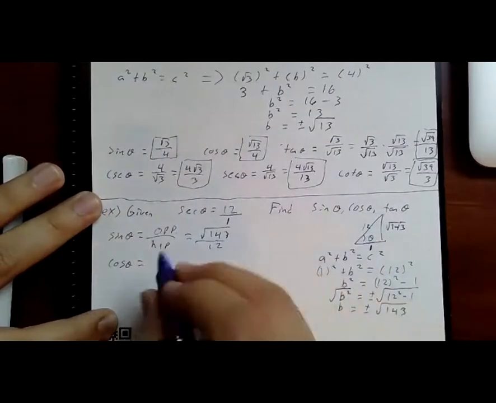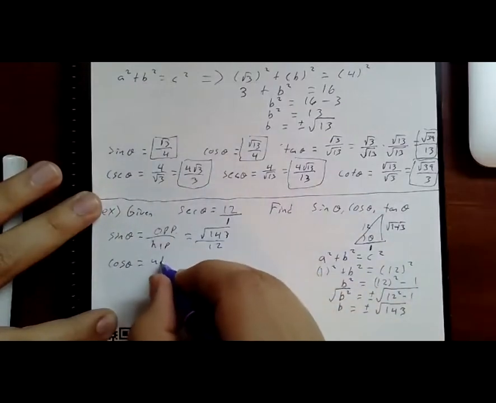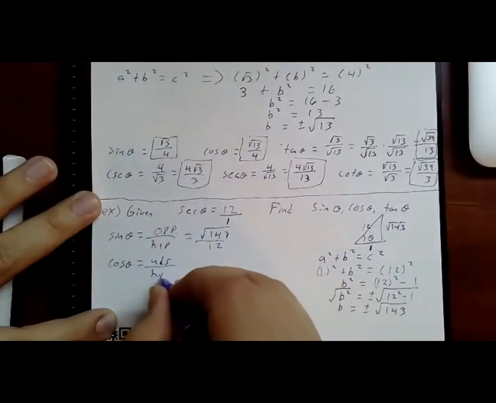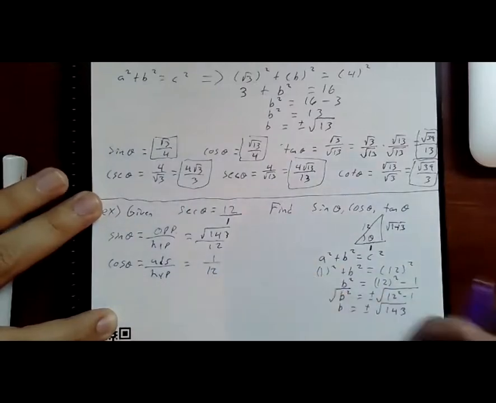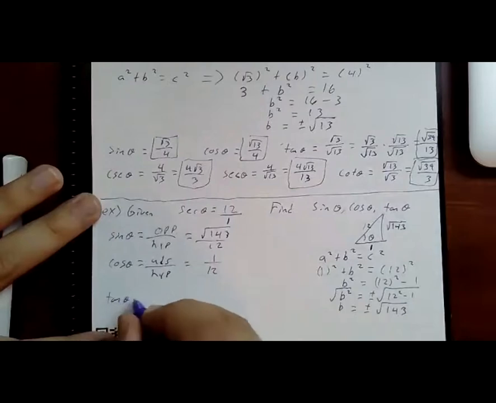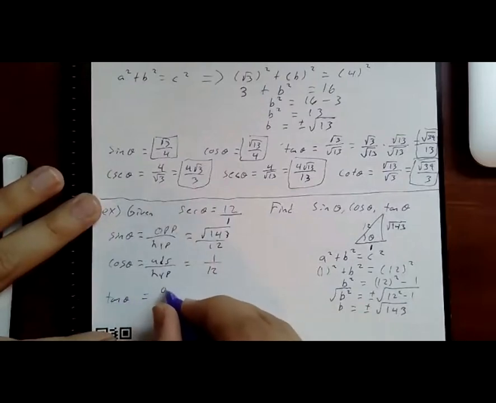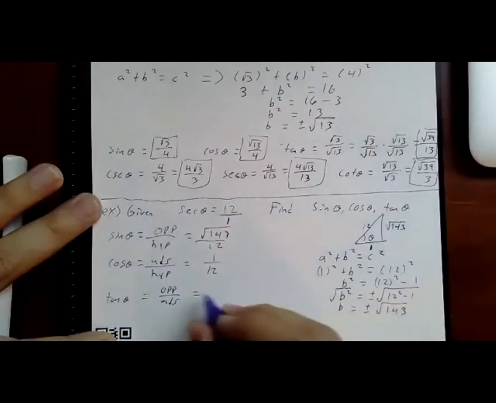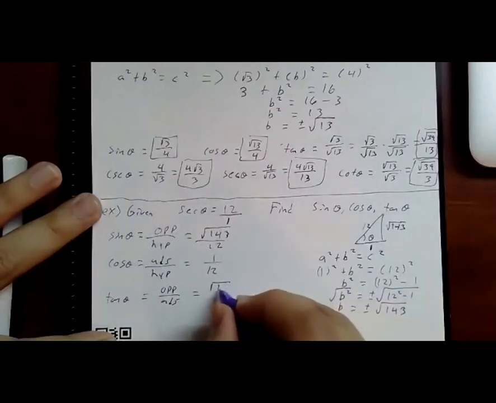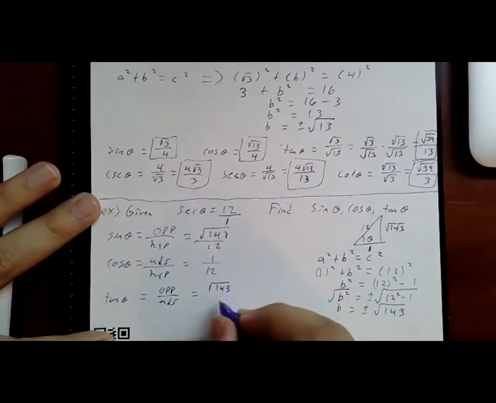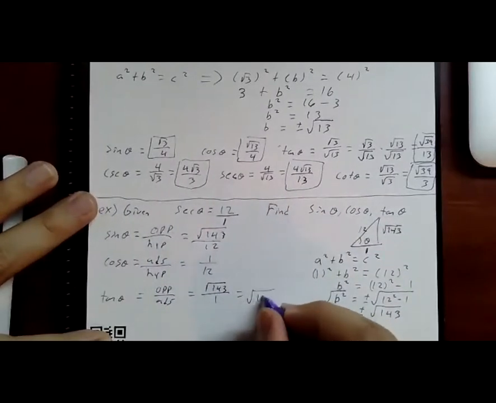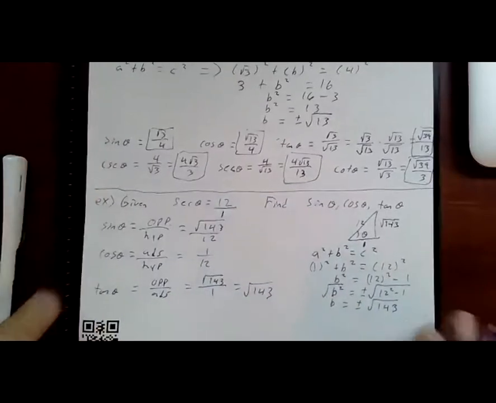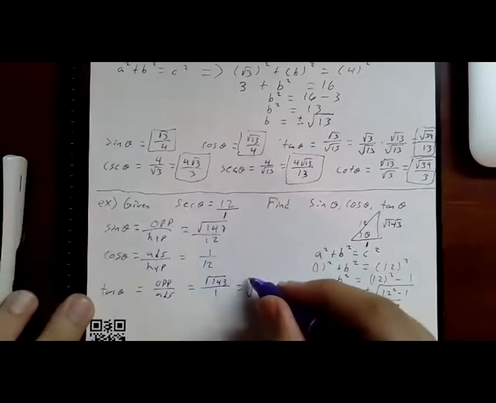Cosine will be adjacent over hypotenuse, which is 1 over 12. Tangent is opposite over adjacent, which is root 143 over 1, which is really just root 143. So these are our answers.